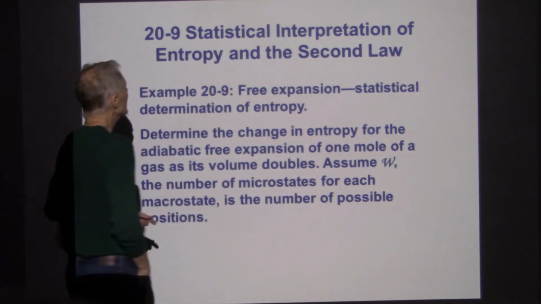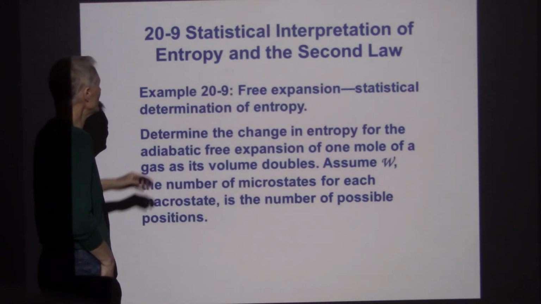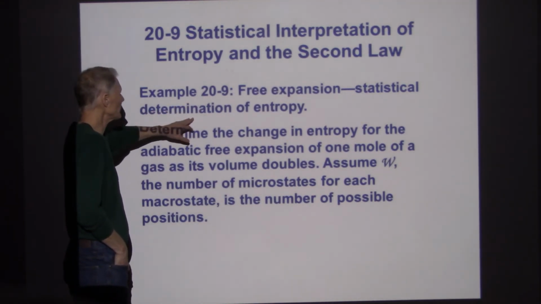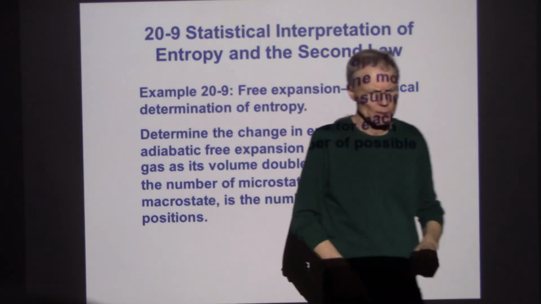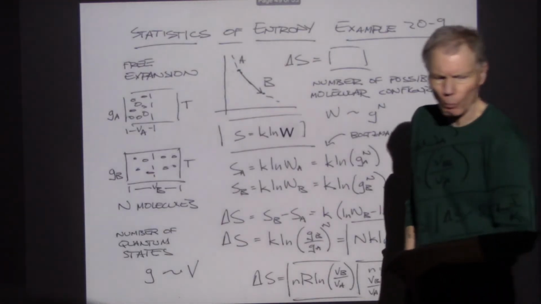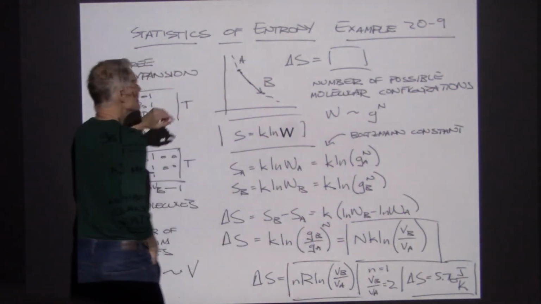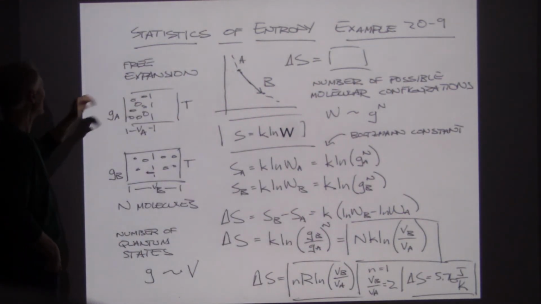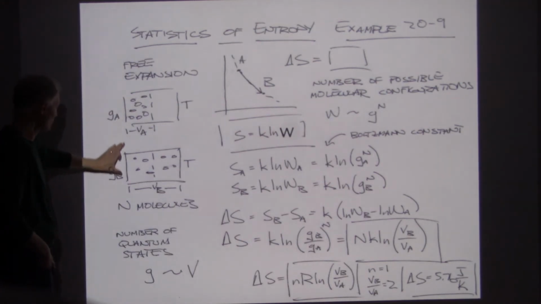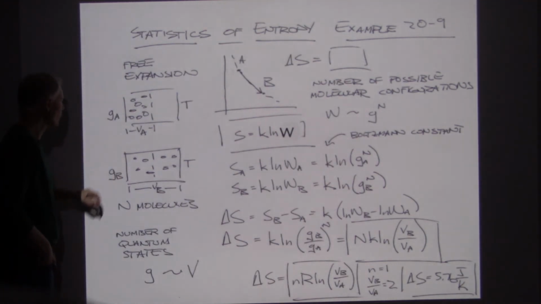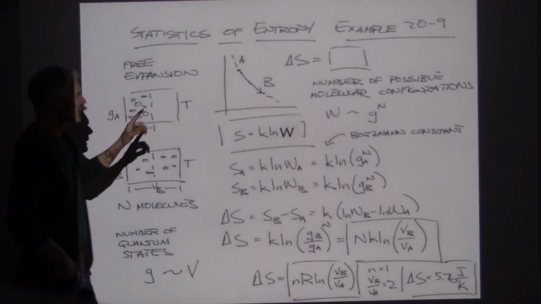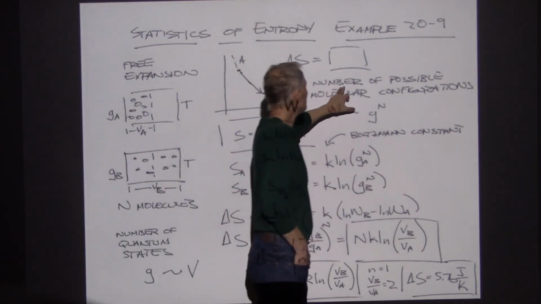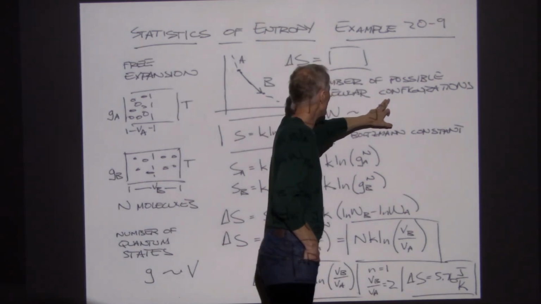All right, statistical interpretation. We're back to this free expansion, but this time let's do it all in terms of statistics, and let's see how that might work. So here we are, statistics of entropy. It's a free expansion again. See how it looks the same as before, but this time what we're going to do is count the number of possible molecular configurations.